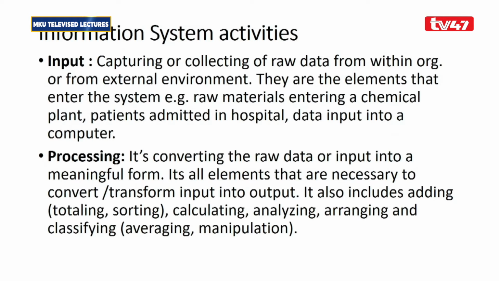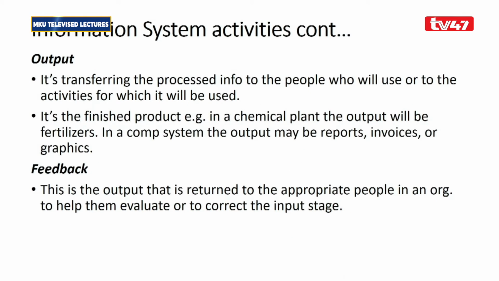Then it also includes adding. You can be totaling, sorting, calculating, analyzing, arranging, classifying, averaging, or maybe manipulating some data. Then the output is basically what comes out of a system.